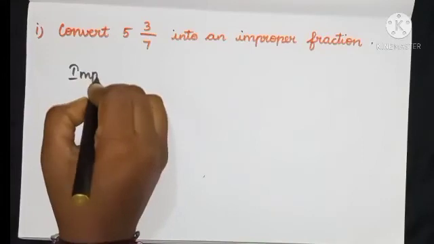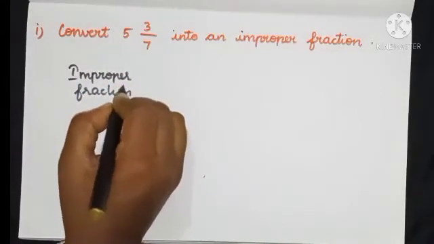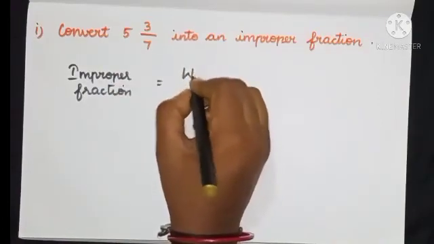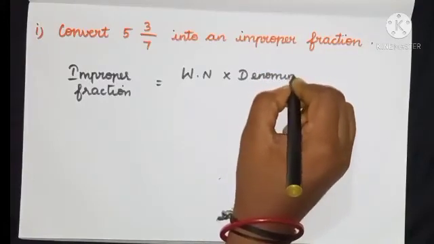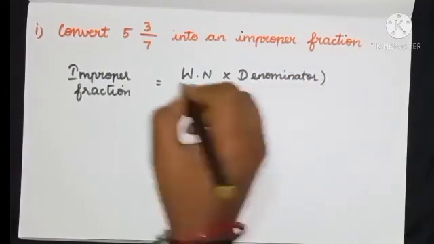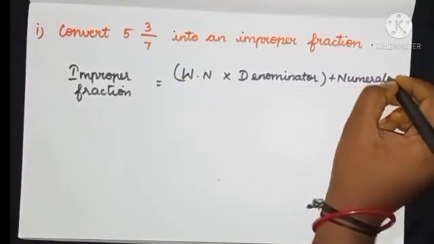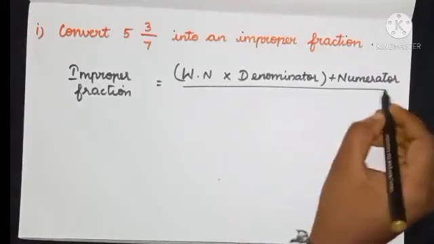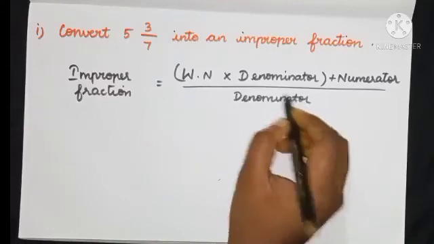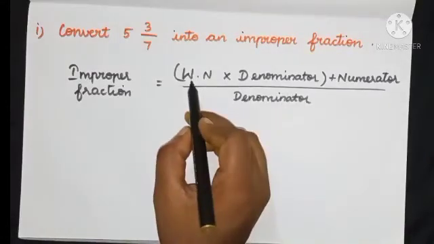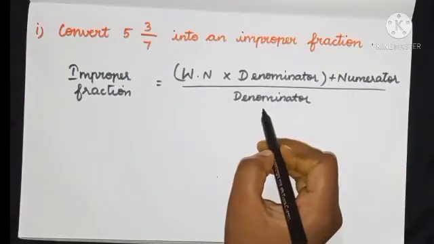Improper fraction is in the form of whole number into denominator plus numerator, divided by denominator.